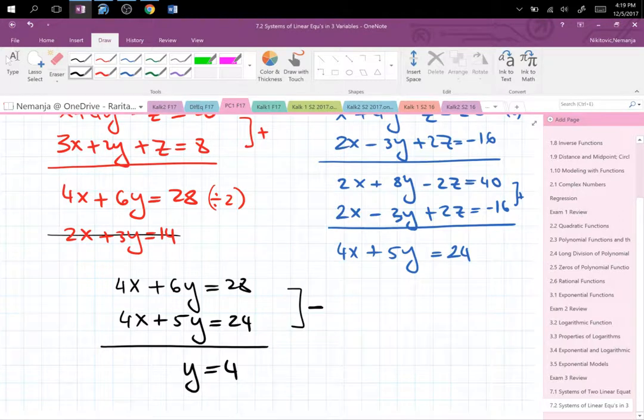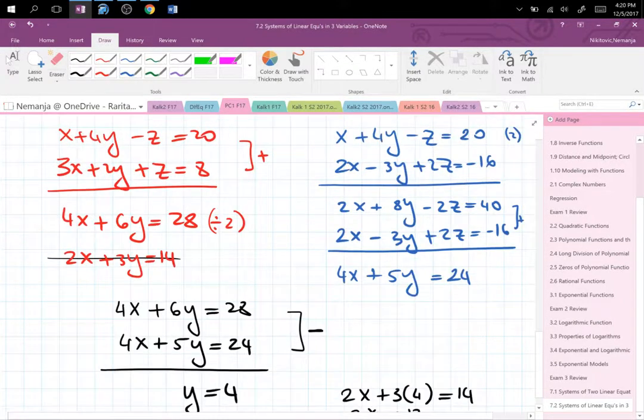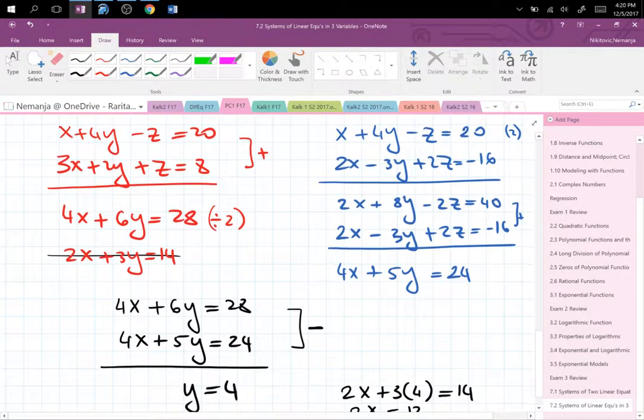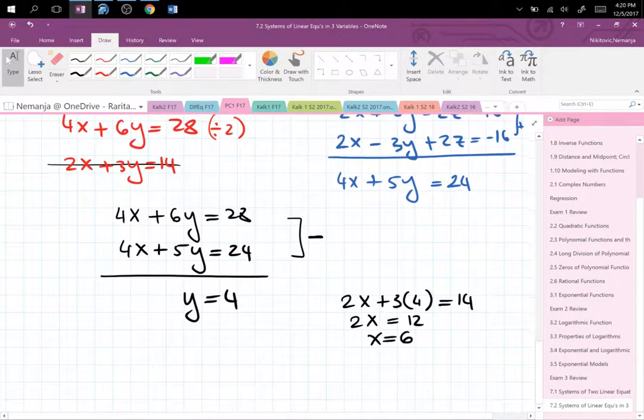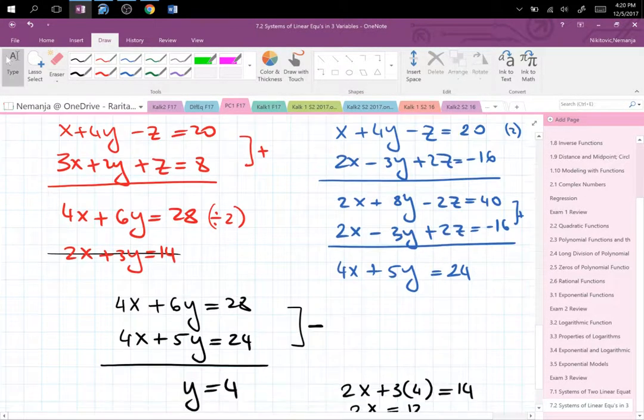Now I can use the simplified equation: 2x plus 3 times 4 equals 14. 2x equals 12. x equals 6. So that's another one. And then bring one of the z equations. Maybe the first one: x plus 4y minus z equals 20.